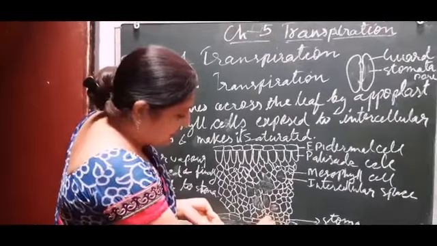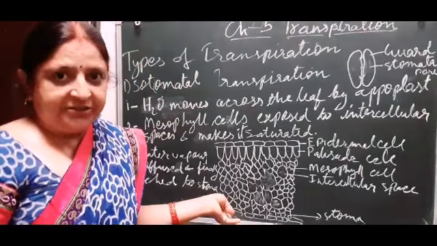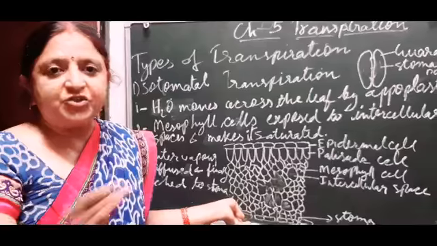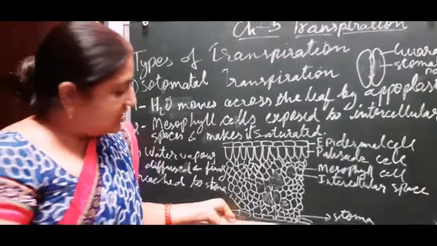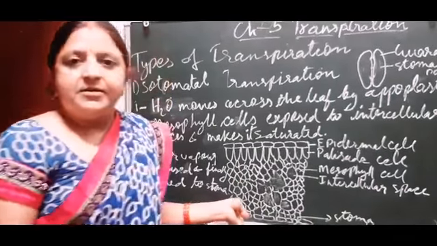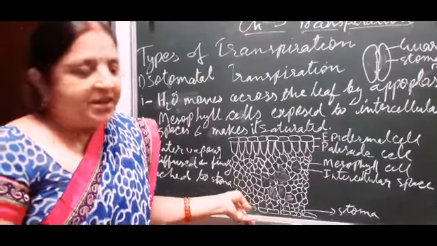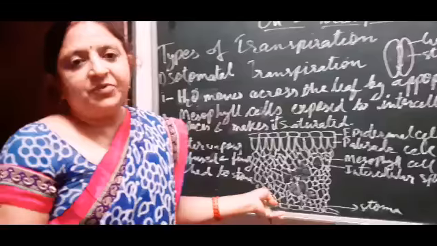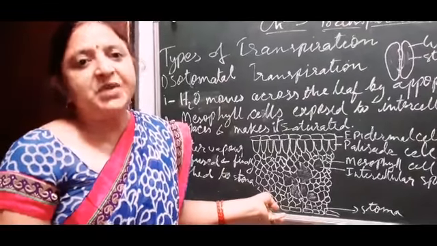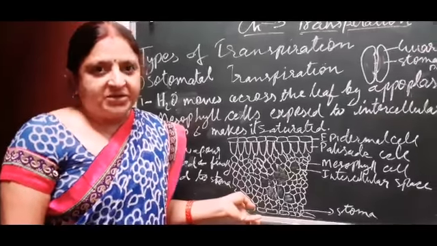Finally, it reaches the stomatal pore, and the concentration gradient between the atmosphere and the stomatal pore is totally different. Water concentration is higher in the leaf than in the atmosphere, so diffusion of water vapor takes place through the stomatal pores, and in this way stomatal transpiration takes place.